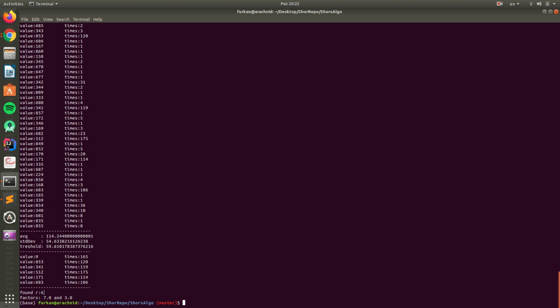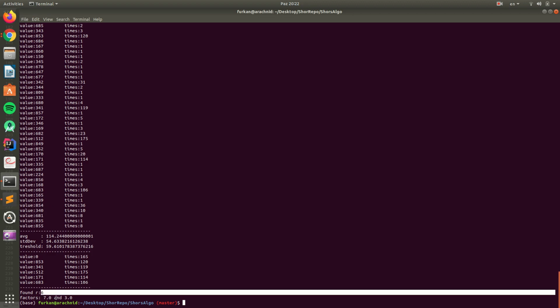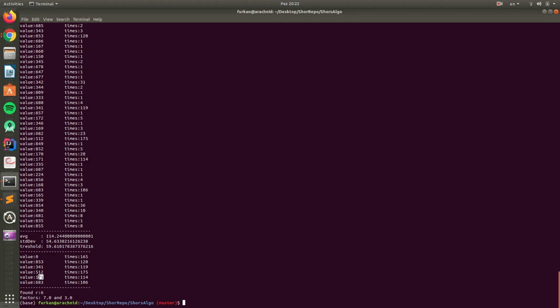And how I get the period 6 here: I simply take the lowest value here other than 0, and this is actually k times M over R. M is 2 to the power of m, the upper register maximum value.